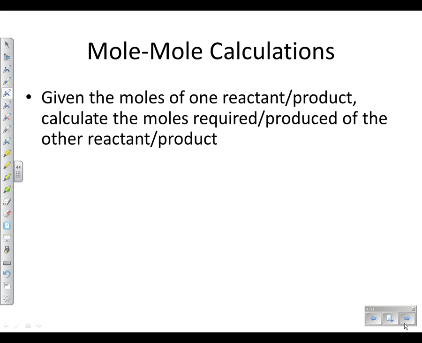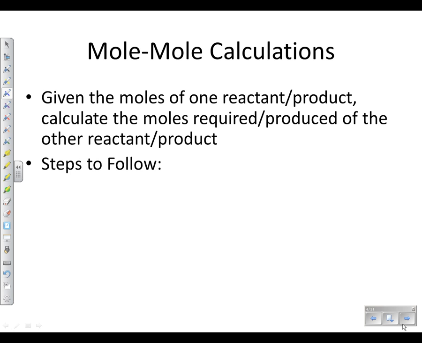If I give you the moles of one of the reactants that I'm starting with, you can then tell me how many moles of all the other stuff I need, right? Just like if I gave you a recipe that said, here's 10 pounds of sugar, you could use the recipe to figure out how much of the rest of the stuff you needed. Does that make sense? Okay.